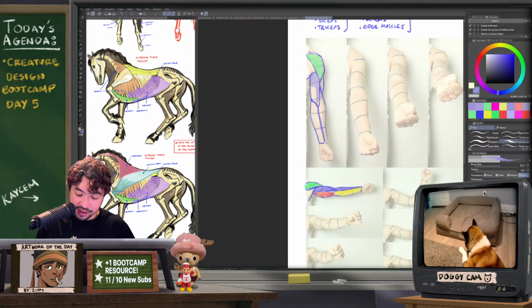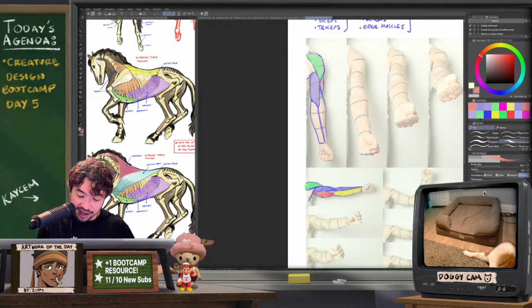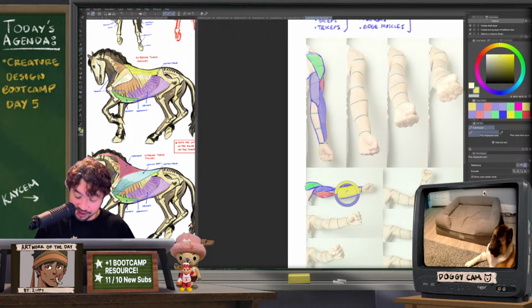Someone says, what about hands, KSM? Well, hands are hands, arms are arms, right? We're going to get to hands a different day because, as you can imagine, animals have different hands than humans. So, yes, we will savor that piece of information for a different day.